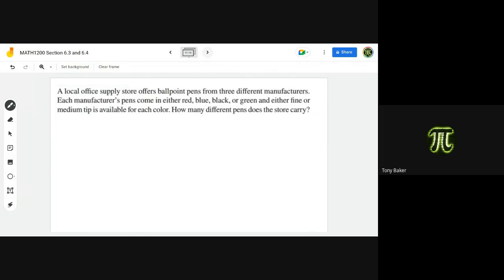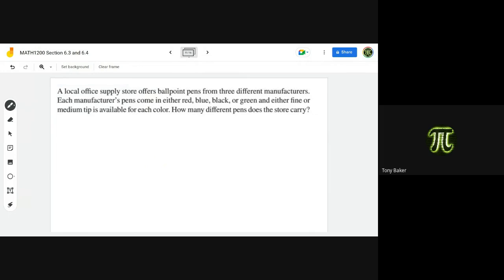A local office supply store offers ballpoint pens from 3 different manufacturers. Each ballpoint pen comes in either red, blue, black, or green, and either fine or medium tip is available of each color. How many different pens does the store carry? You could sit here and try to list out all the possible pens, which you could do with a nice little tree diagram.